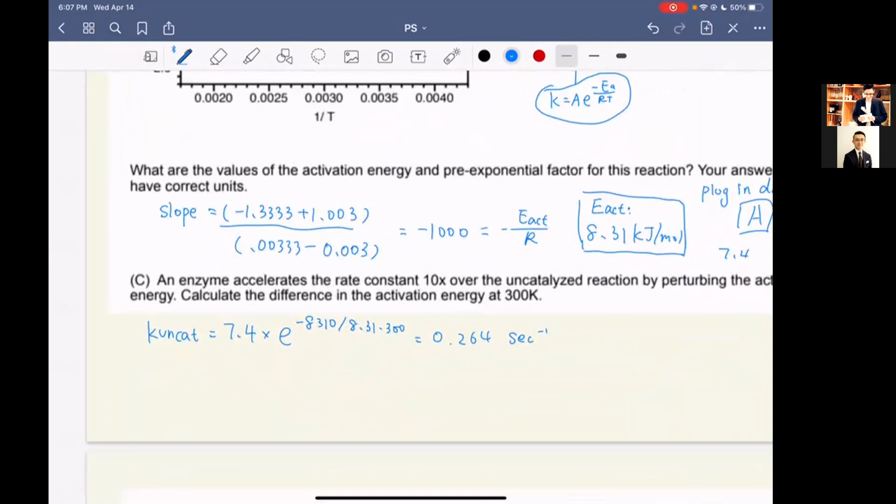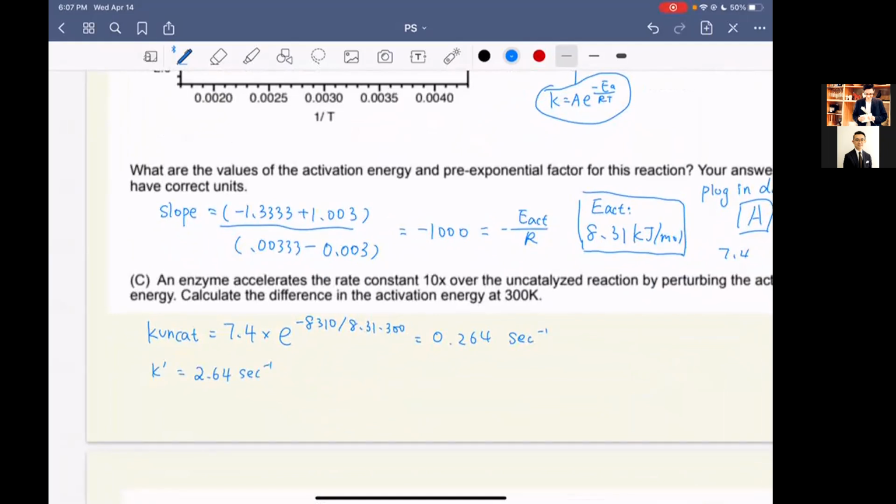Then we know the accelerated k is 10 times that, so k prime is 2.64 per second.